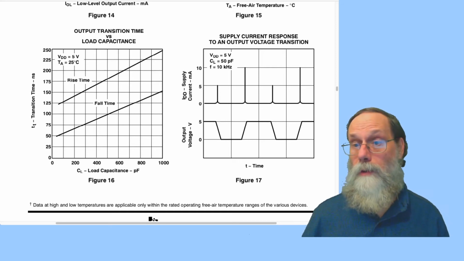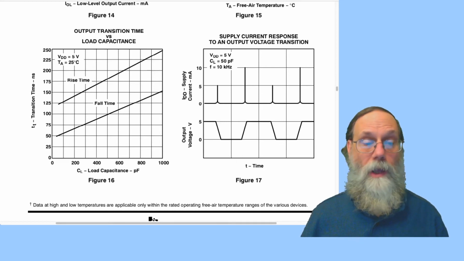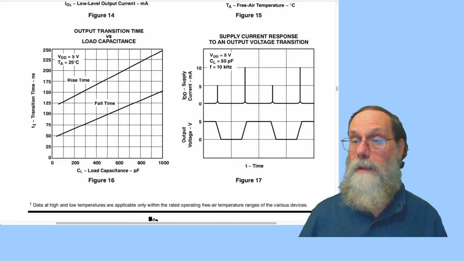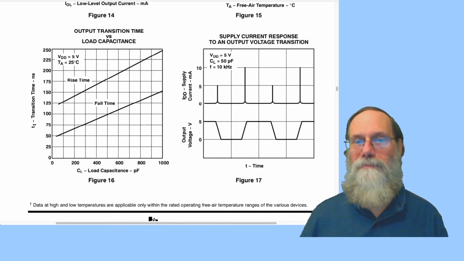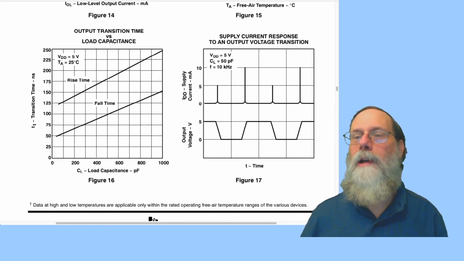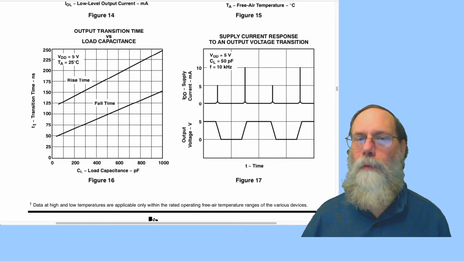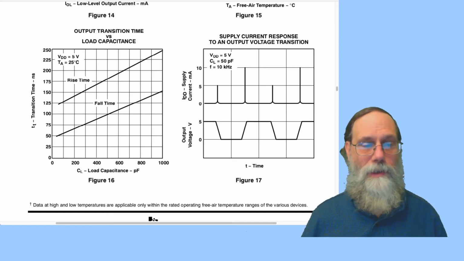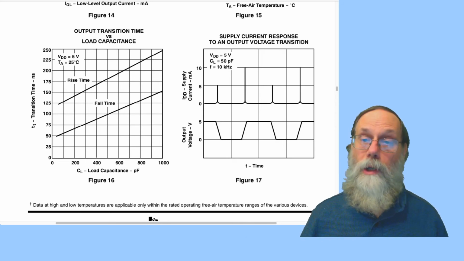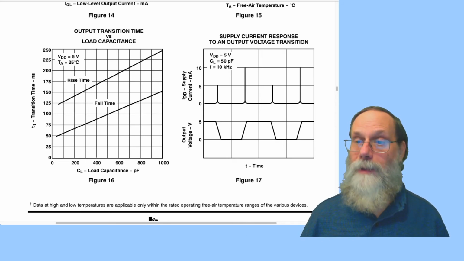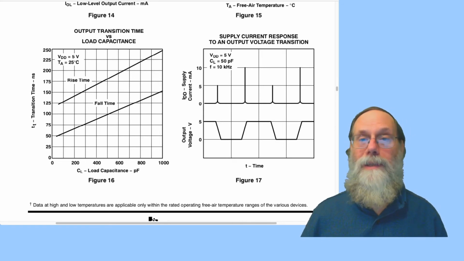For small loads, when we're looking at tiny capacitances, 50 picofarads and less, the constant part of that is the important part, because you don't get very much more from multiplying by the capacitance. When you're looking at large loads, the linear part of that, the part that depends on the capacitance, is the important part.